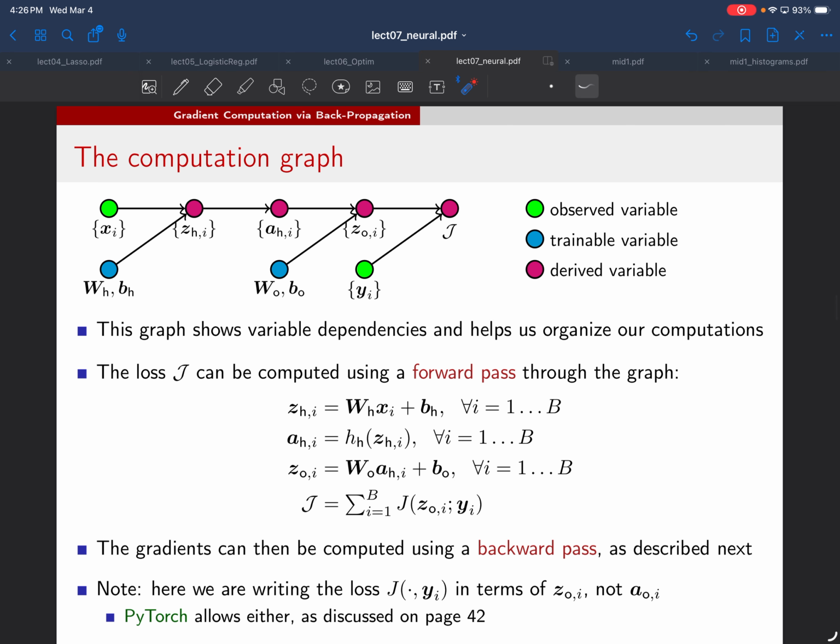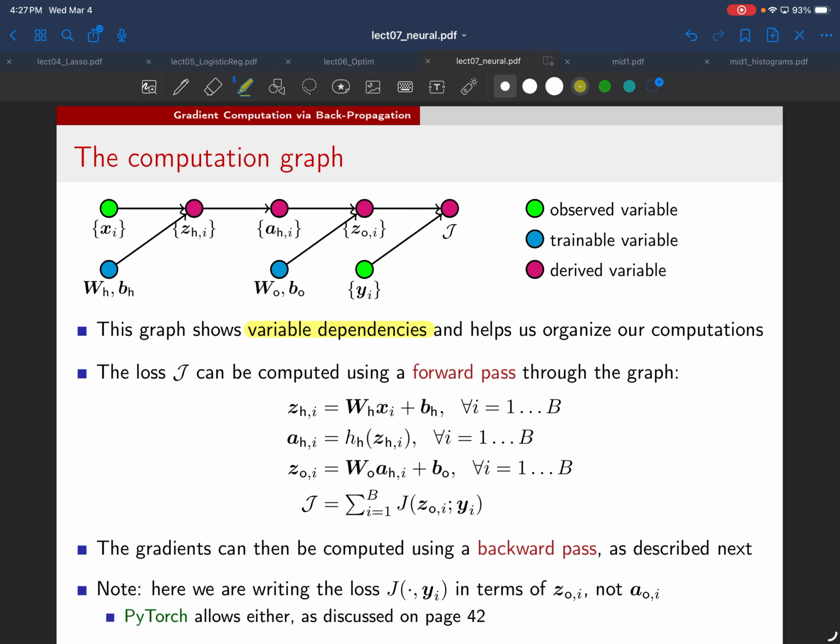And to understand and organize this in our minds, we're going to use something called the computation graph. Basically, this thing is just showing us which variables depend on which other variables. Not exactly how, but just which ones depend on which other ones.